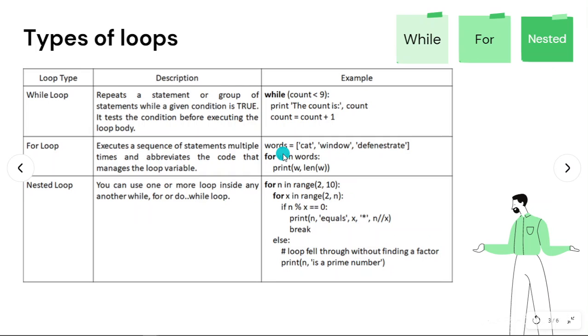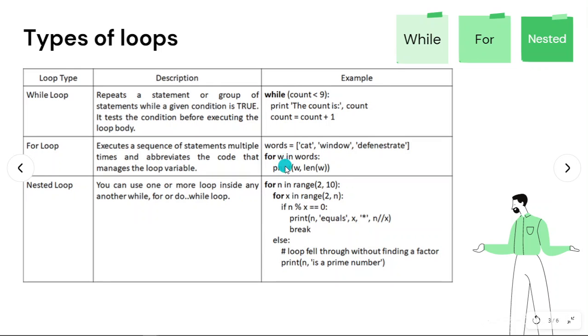We have a words array, and inside the words array we have three values. Using the for loop we write w in words. Here w is the item, and words is the sequence. Sequence means you can also use an array, you can use strings to get characters, you can use a list, or you can use tuples as well.